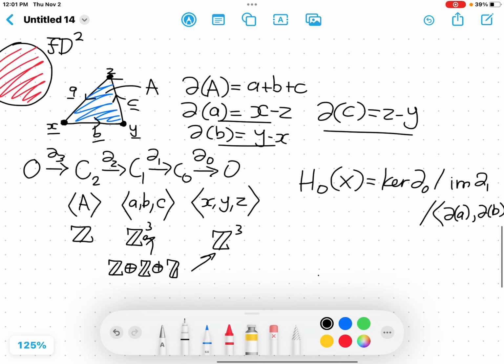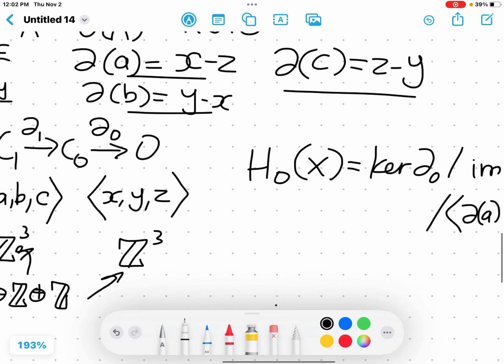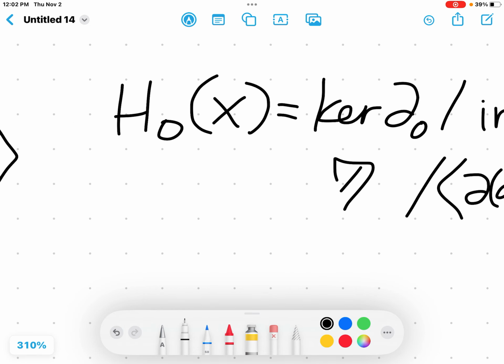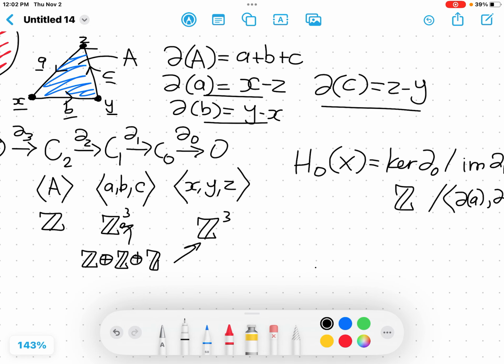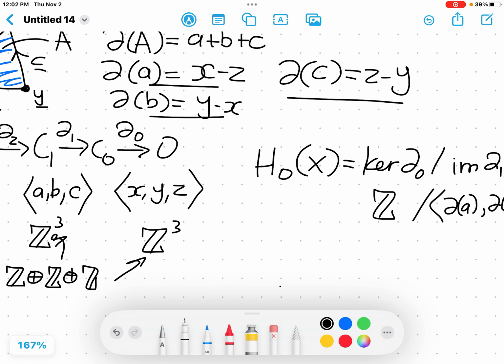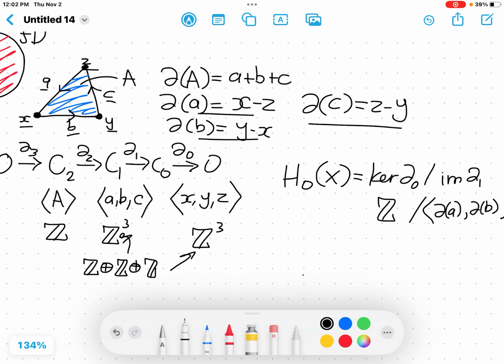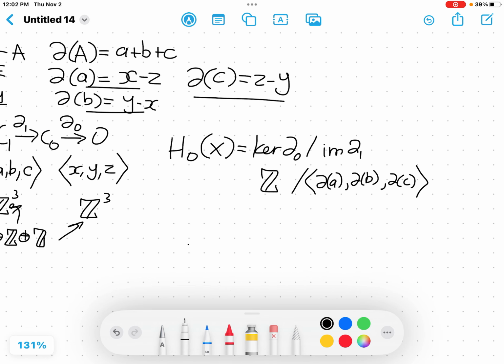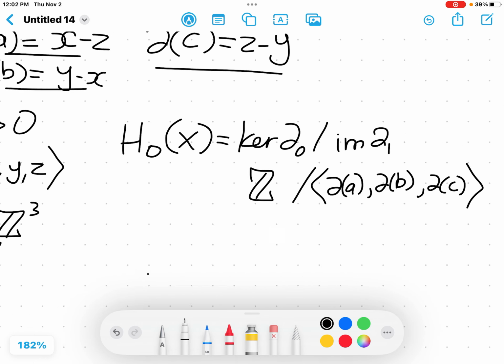And the kernel of del 0, of course, is the entire group, so that is Z cubed. Wait, this is a bit weird. Yeah, okay, that's the same thing.